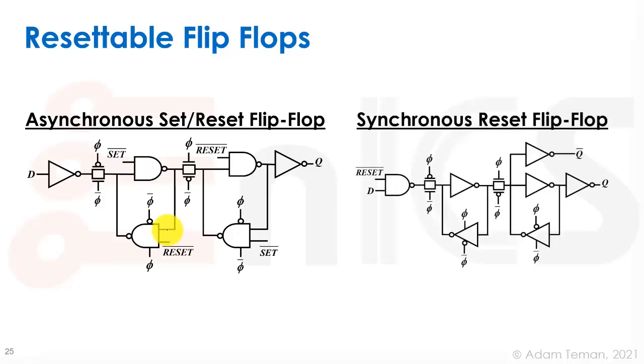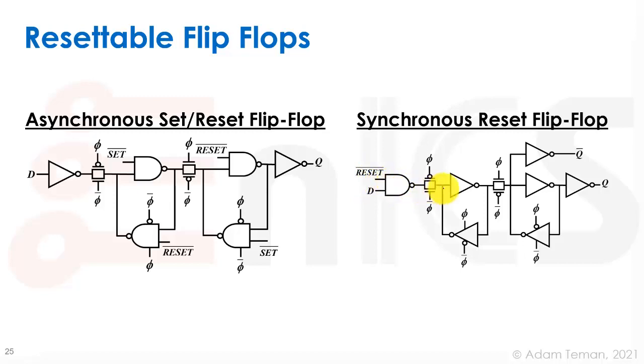Okay, the other option is a synchronous reset flip-flop. Here I'm only showing the reset option. You can have the same thing for a set option, and in this case we have a cheaper flip-flop because we only put the reset, we only change the input buffer to a NAND gate, and we change the input to the reset signal.